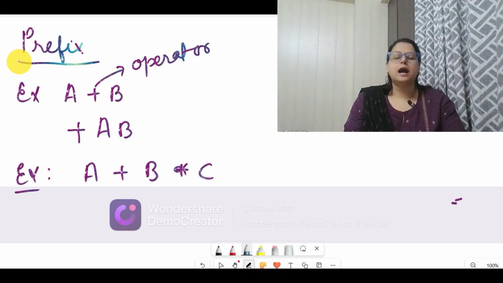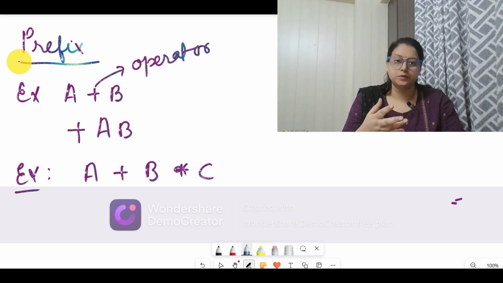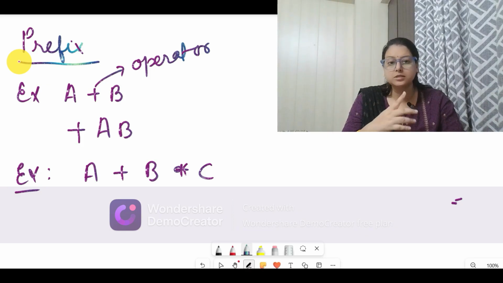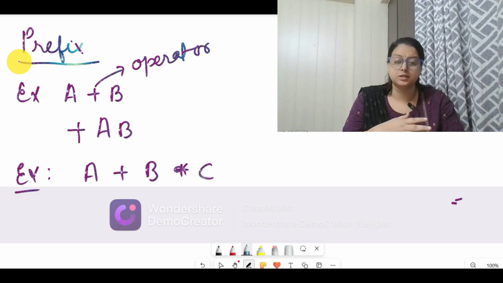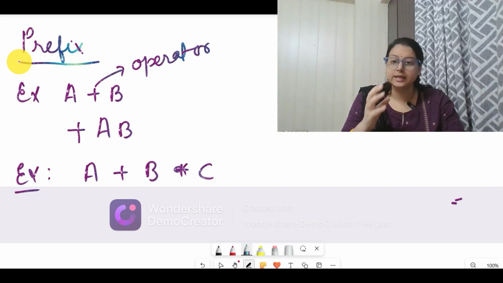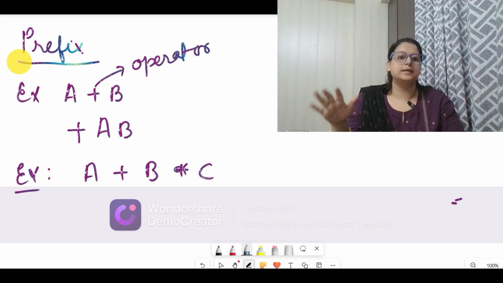But here our aim, to be kept in mind, is to make things easy for the computer, so that the computer can understand which evaluation or calculation is to be done first.